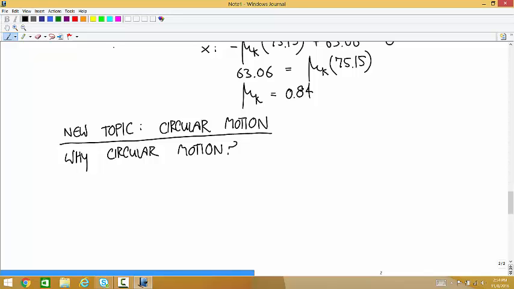Because the wheels of the bus and many other things that share properties with wheels on a bus go round and round. So why circular motion? Why not, for example, square motion?